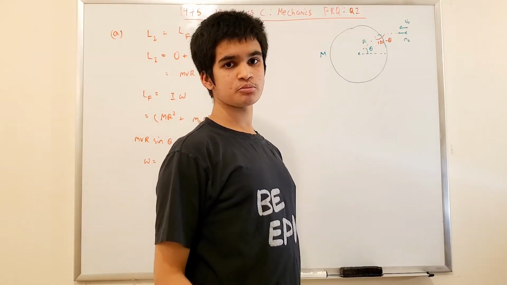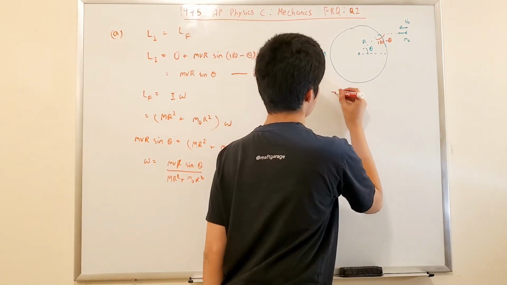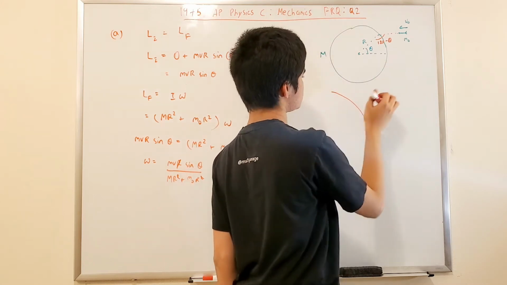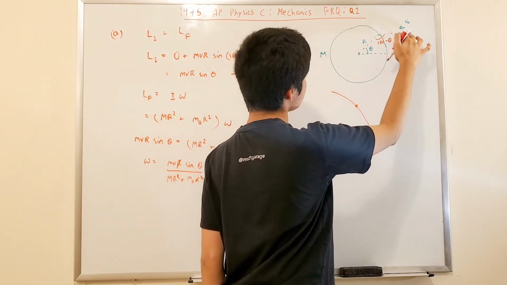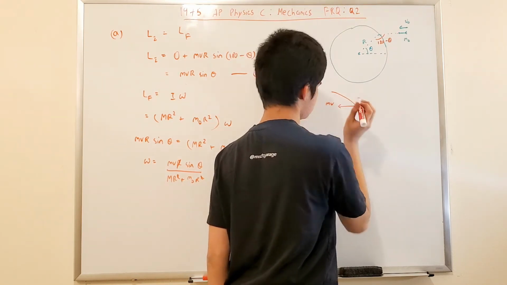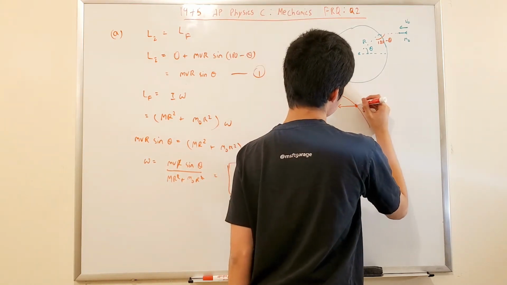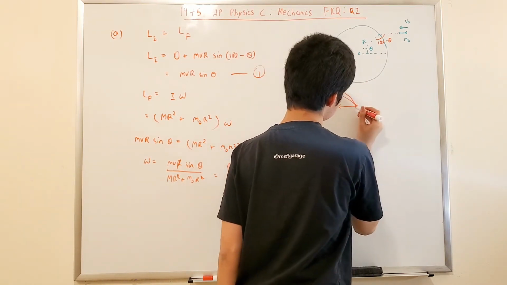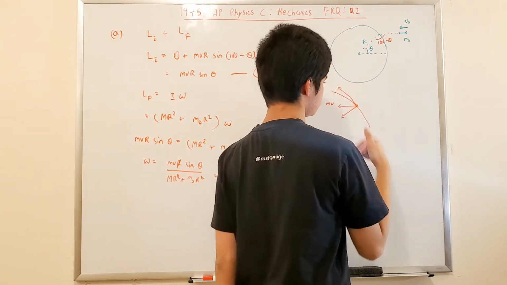Another method to solve this problem is by using conservation of linear momentum. If I draw our diagram, we see that the momentum of our bullet looks something like this. We can split this up into components, in both the tangential and the radial direction.